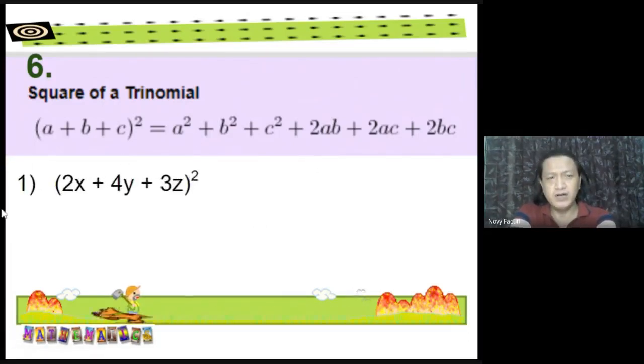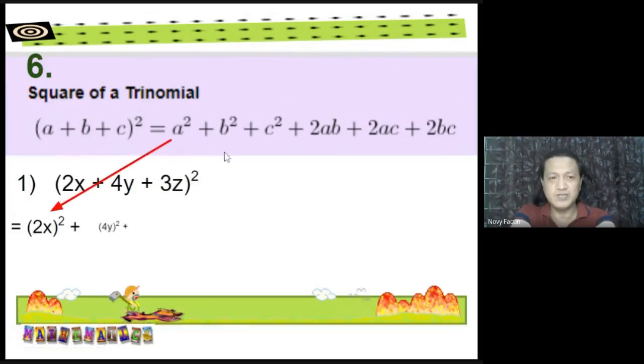And if you're going to get the formula using this example, we have (2x + 4y + 3z) squared. So ito yung first term natin si 2x, second term si 4y, third term si 3z. Kapag substitute natin, that is 2x squared. Ito yung formula natin, square lang natin. Yung second term, yung 4y squared.